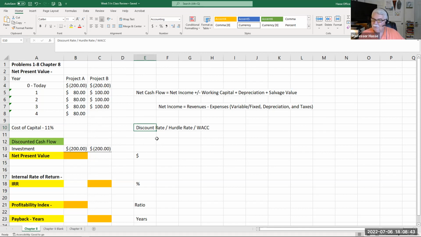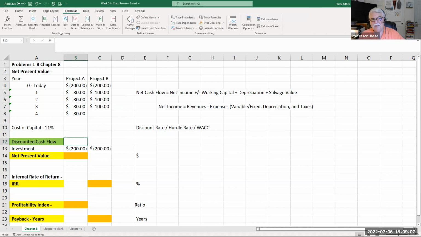So here we go. Project A is bringing in $320 over 4 years. What is this $320 valued at today? It's called the discounted cash flow. And this is where spreadsheets are a godsend.